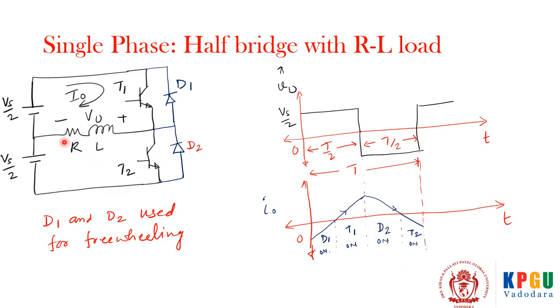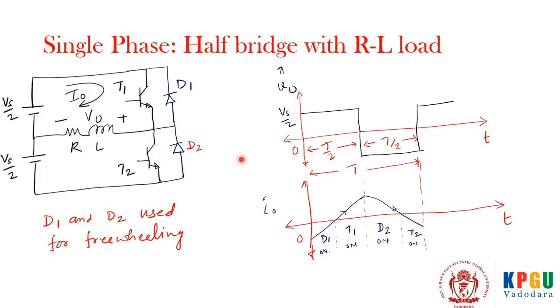So D2 is on, and when that current reduces and reverses, D2 is now giving the same reverse current, right? So this is how D2 and D1 are having the freewheeling action. This is what happens whenever RL loading is there.